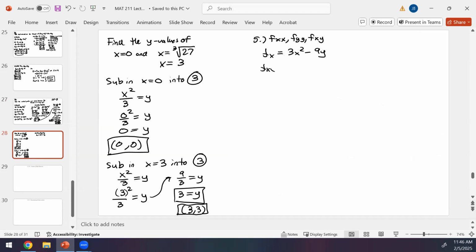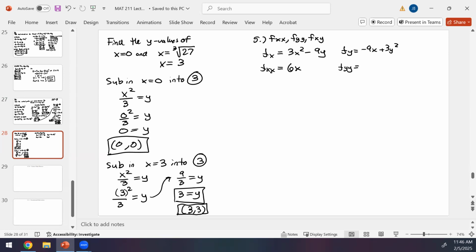So then the second partial derivative is going to be 6x minus 9. And then fy is equal to negative 9x plus 3y squared. So fyy is equal to, well, correction. The derivative of minus 9y with respect to x is 0.